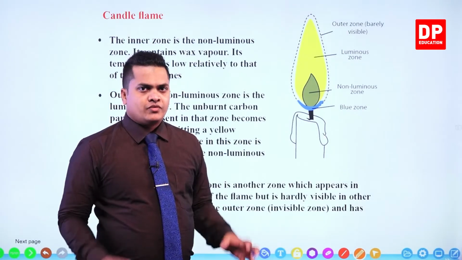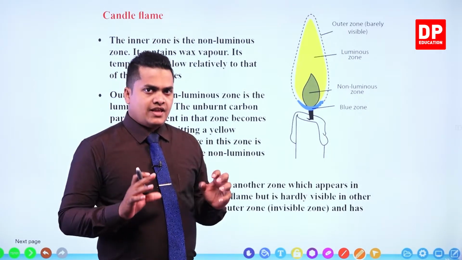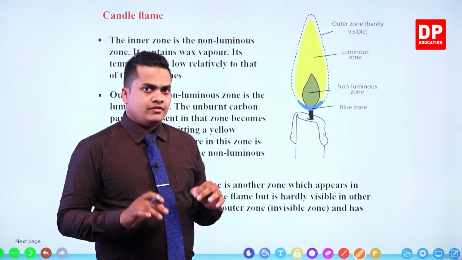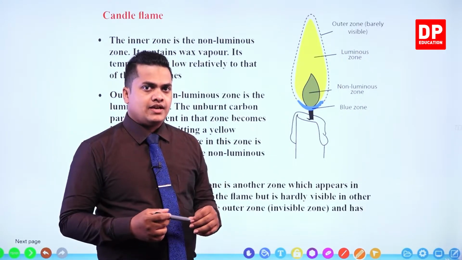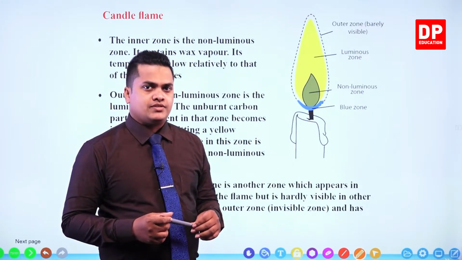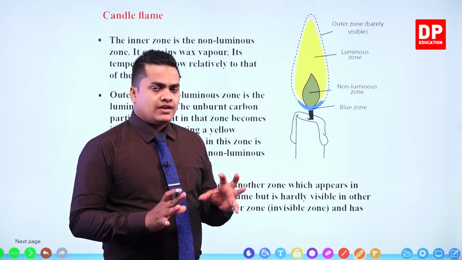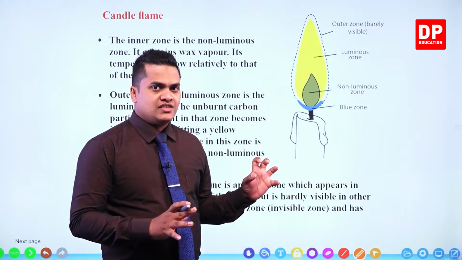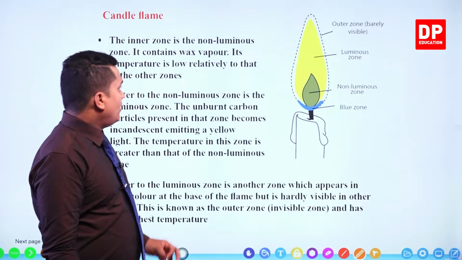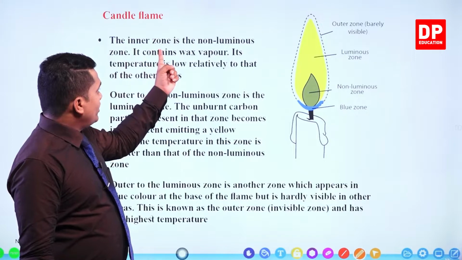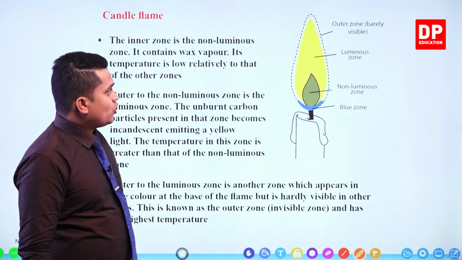Right, my dear children, so we observed the candle flame and we identified the areas and the key points related to it. So let's see what is contained in each of these parts. First of all, the inner zone is the non-luminous zone.